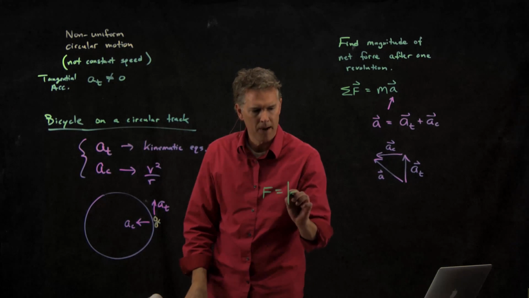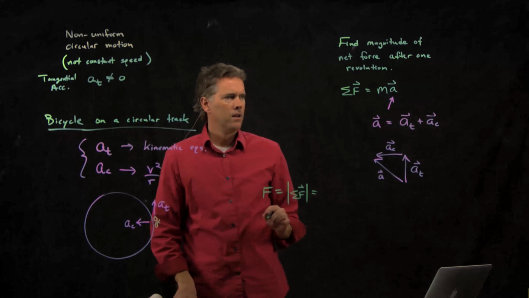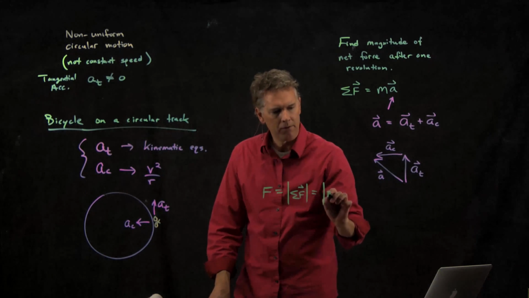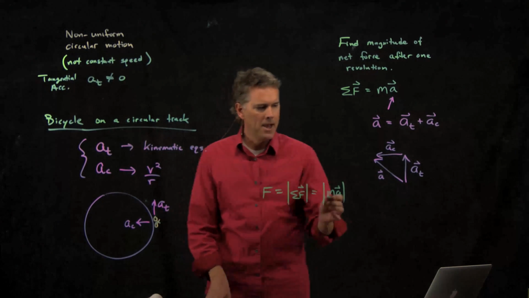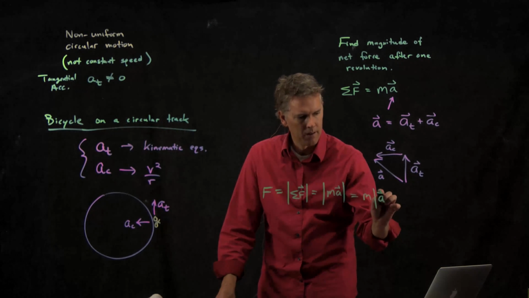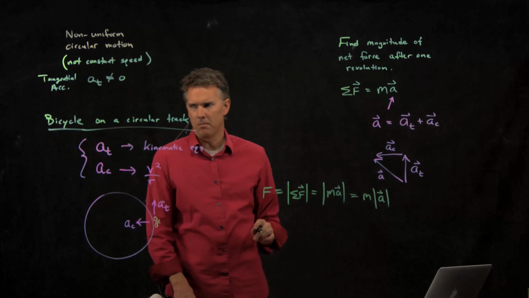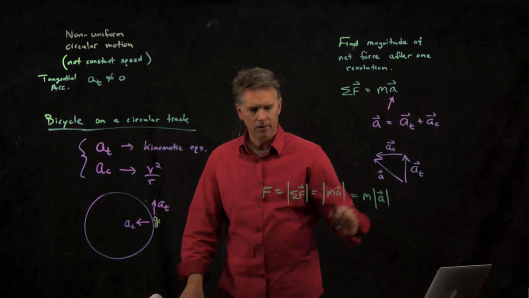So we have the magnitude of the net force, but that is the same as ma. And m, that's just a number, so that comes out in front. And so I have m times the magnitude of a. There's my a right there.